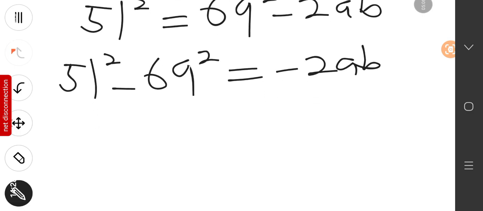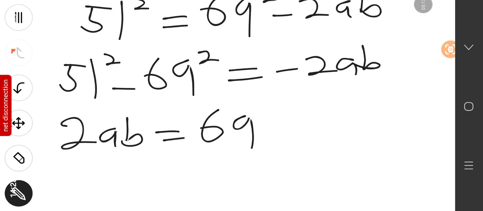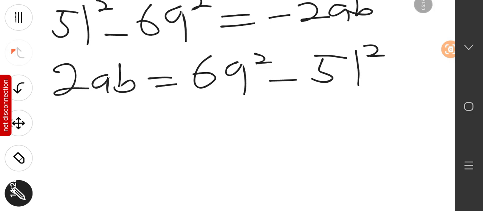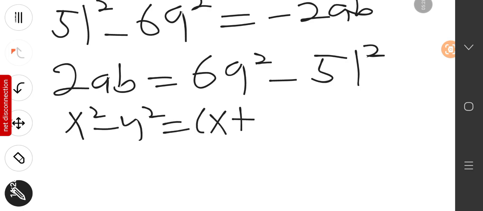Let's transpose all the terms. So we have 2AB equals 69 squared minus 51 squared. Now let's apply the difference of two squares on the right side. If you have x squared minus y squared, this equals x plus y multiplying x minus y.